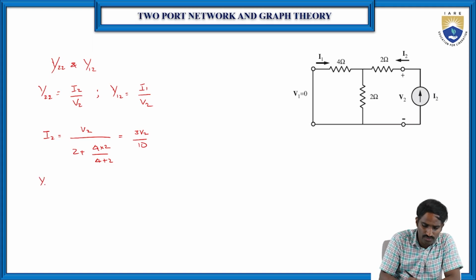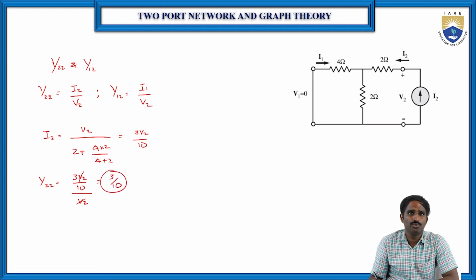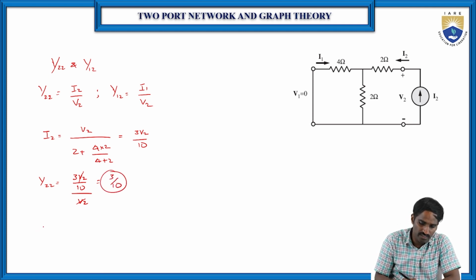Then y22 is equal to I2 by V2, where I2 is 3V2 by 10. So V2 gets cancelled, and here we get 3 by 10. This is y22. Then similarly, let us find the current I1.